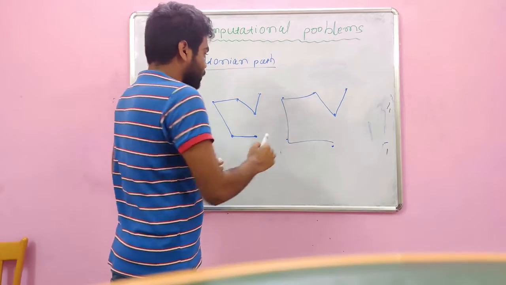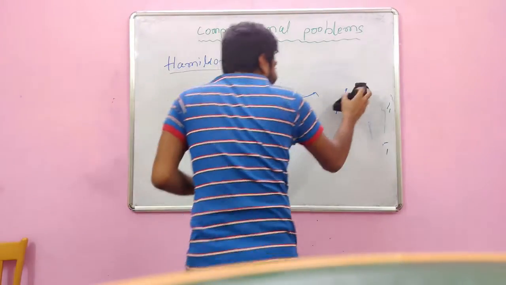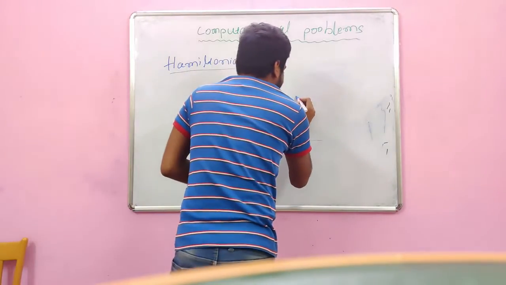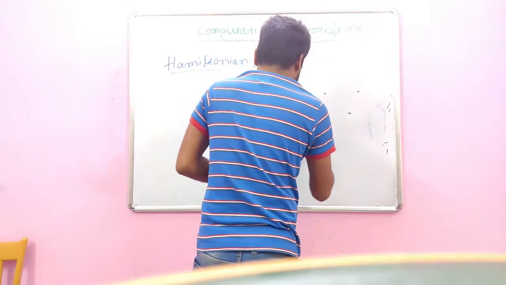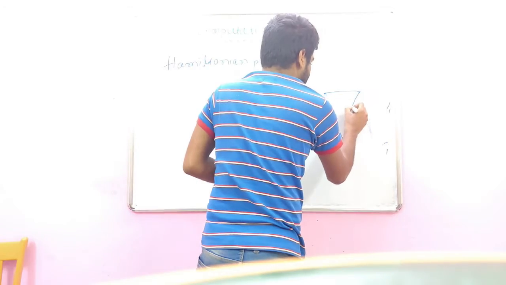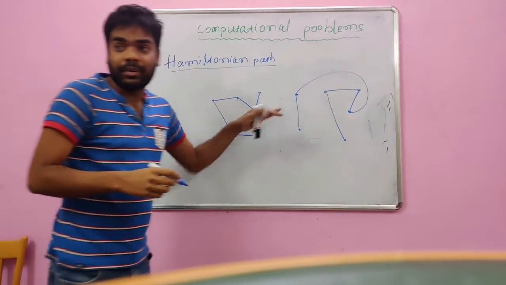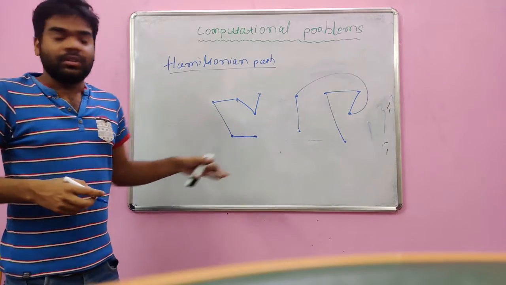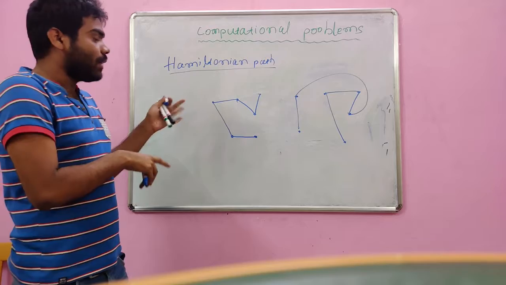Sorry. So this can be like this. Many paths you can draw from this graph, but from many, only one path you have to fix.